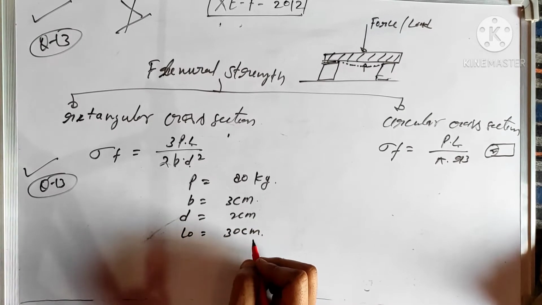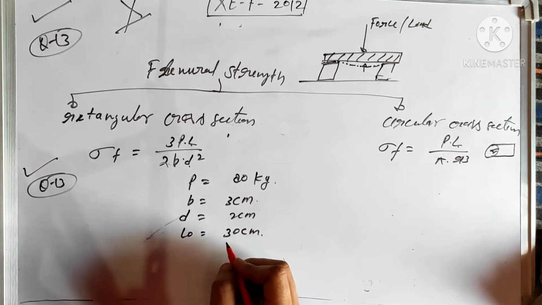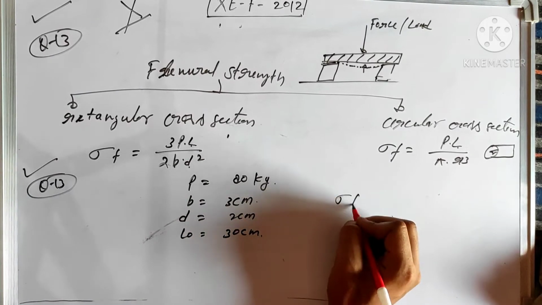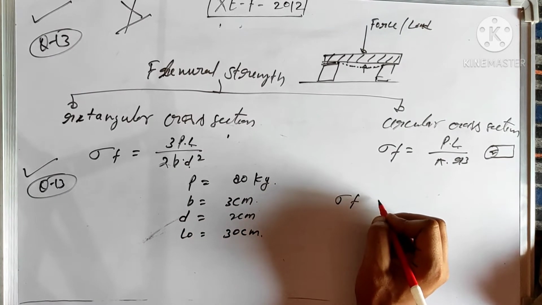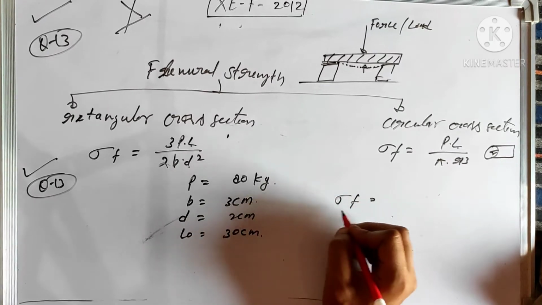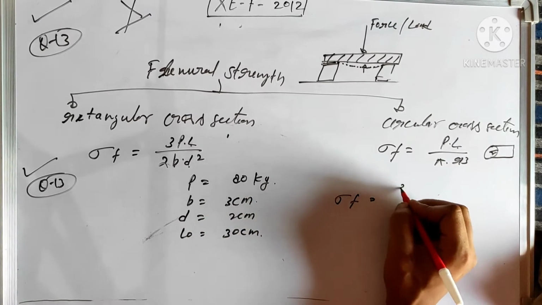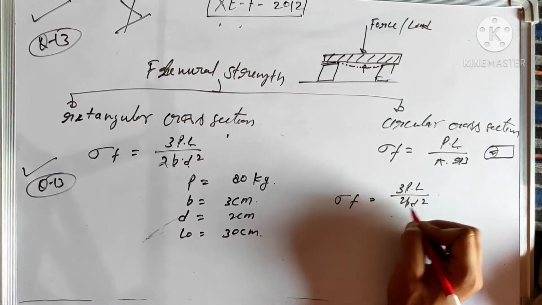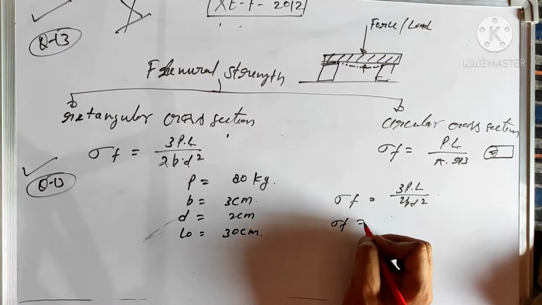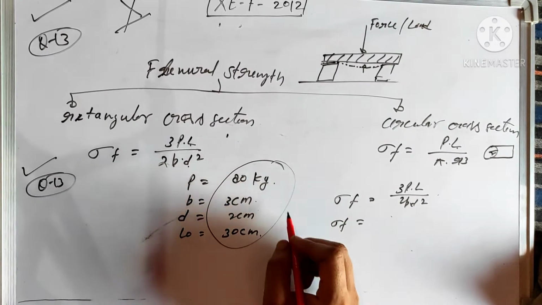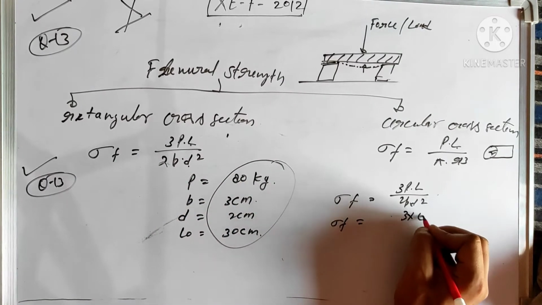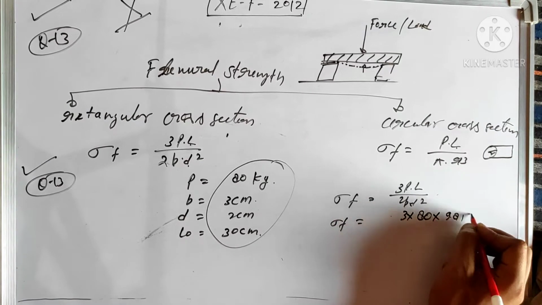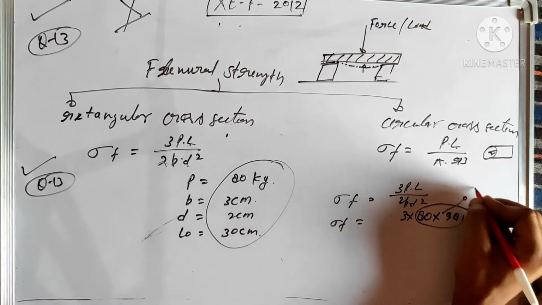Now for the rectangular bar, sigma F is equal to 3PL divided by 2BD squared. Put all these values in SI units. Then 3 into 80 into g, whose value is 9.81. This is known as the force.